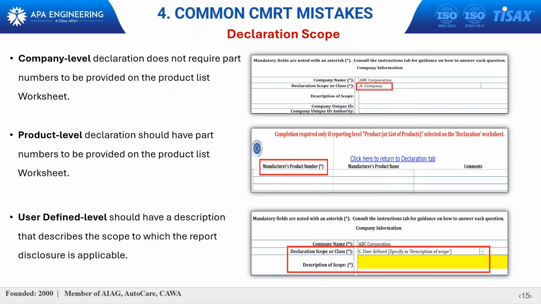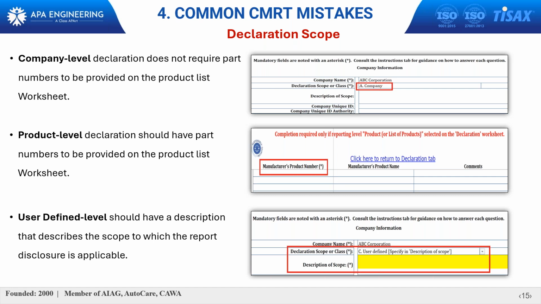Here we will discuss the common mistakes committed while completing the CMRT. The first will be about the declaration scope. When you select company level in the declaration, it does not require part numbers to be provided on the product list tab. And when the product level declaration is selected, it should have part numbers provided on the product list worksheet.